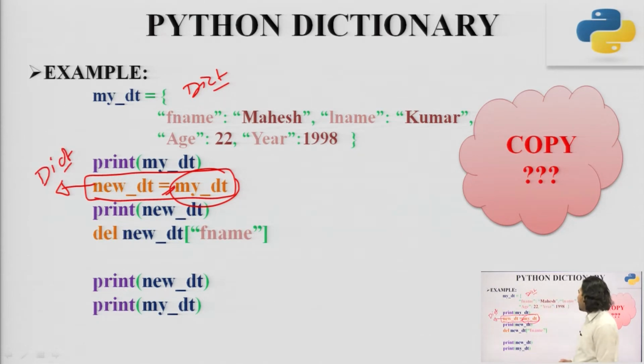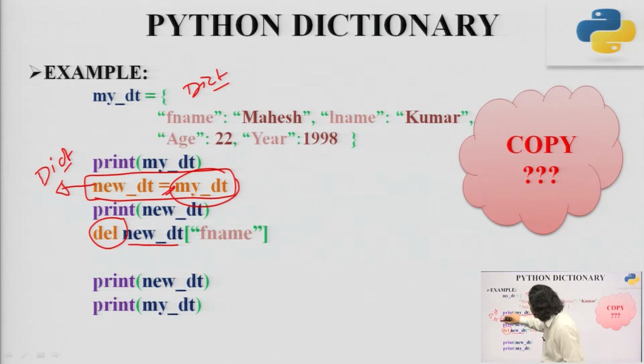That means now we have two dictionaries, one is myDT, the second one is newDT. In these two dictionaries, we are going to perform the deleting operation with the help of the del keyword, but on the newDT variable. Before the deleting operation, we took the myDT data as a copy and gave it the name newDT, as per the pseudo code. But what is in the background of this code?